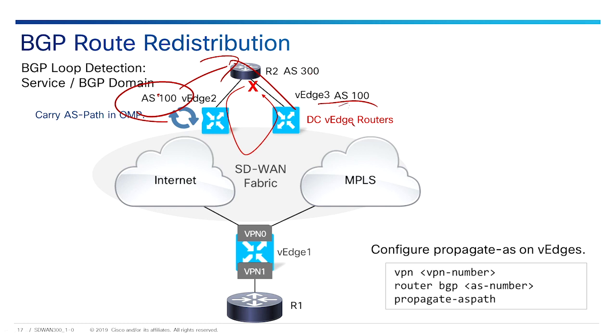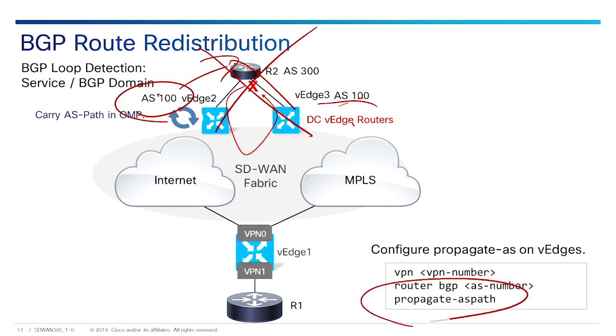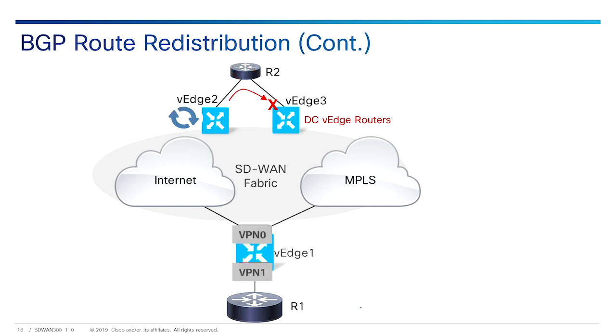AS100 saw its own AS in it and killed that connection. With it turned off, it doesn't see that. It just sees it as a route and says, yay, it's happy, and puts it in the routing table. Okay? And remember, if you don't have that checked or this configuration in the system, we don't carry that information with us, and that AS path information won't be carried with us, and our ability to do loop prevention in BGP fails.